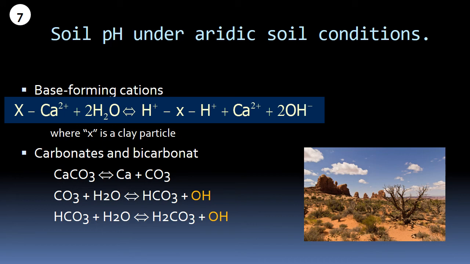So this can be understood from the following example down here. If your soil has a lot of calcium carbonate, when rain happens, the calcium carbonate dissociates into calcium and carbonate, and then the carbonate reacts with water to form bicarbonate and also release OH.